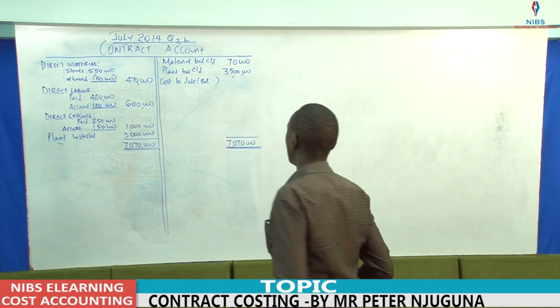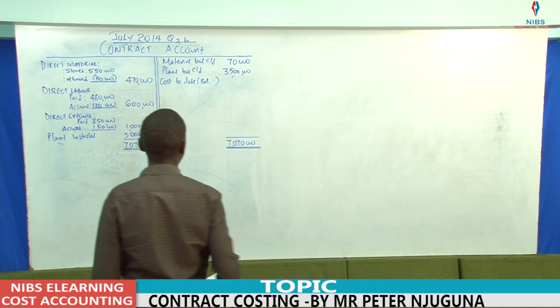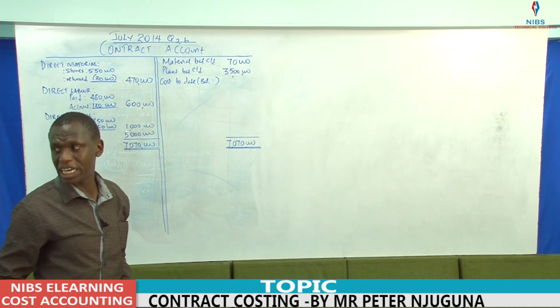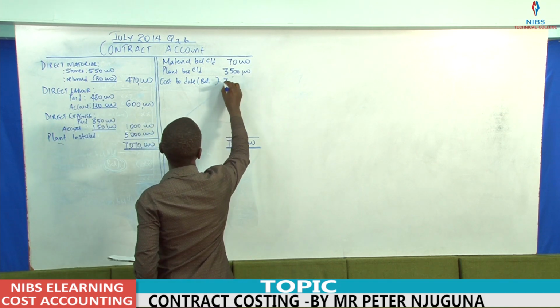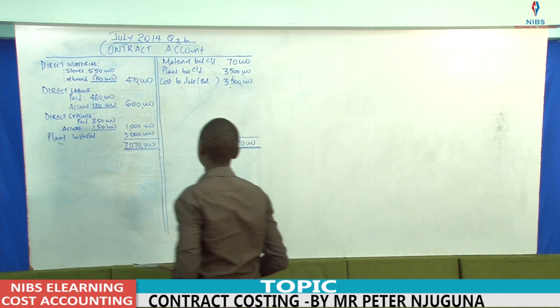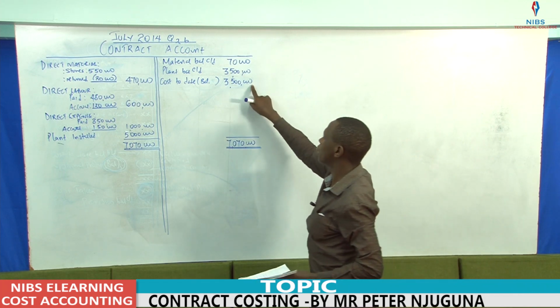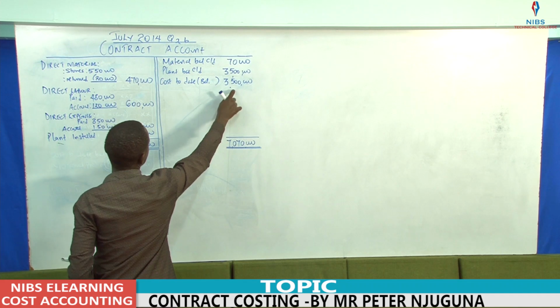So what is our balancing figure? Our balancing figure will be the cost to date, which I think is coming to 3.5 million. I told you once you get the cost to date, you bring it on the opposite side.